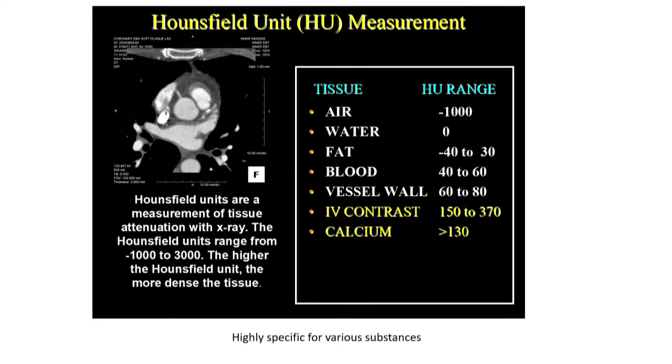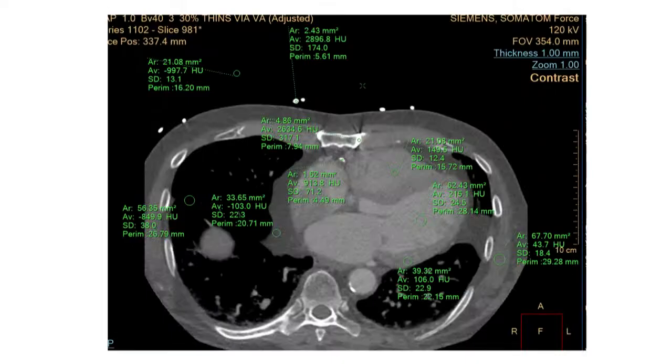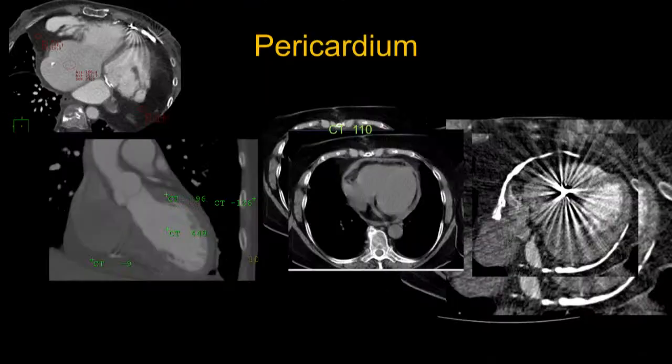So in a way, this is a very crude tissue characterization, right? Because if you look at this chest CT, very dark, that's air, okay?